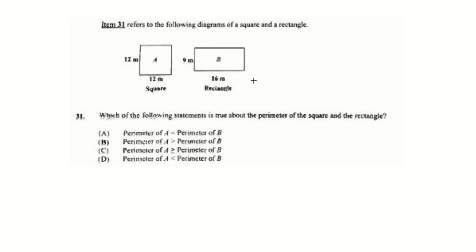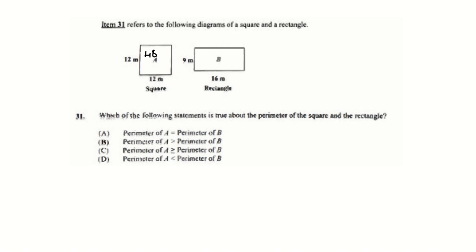Which of the following statements is true about the perimeter of the square and the rectangle? 12 by 12 is 144, and 9. First of all, we're talking about perimeter. This is 48, because 12 by 4 is 48, and this was 56. Okay, let's take our time.